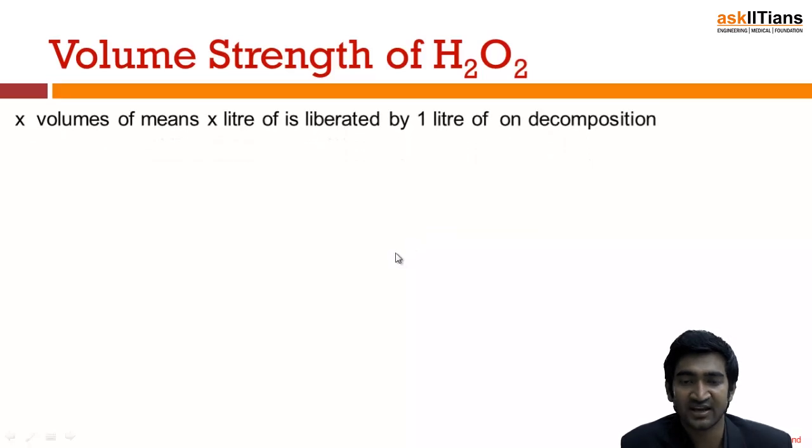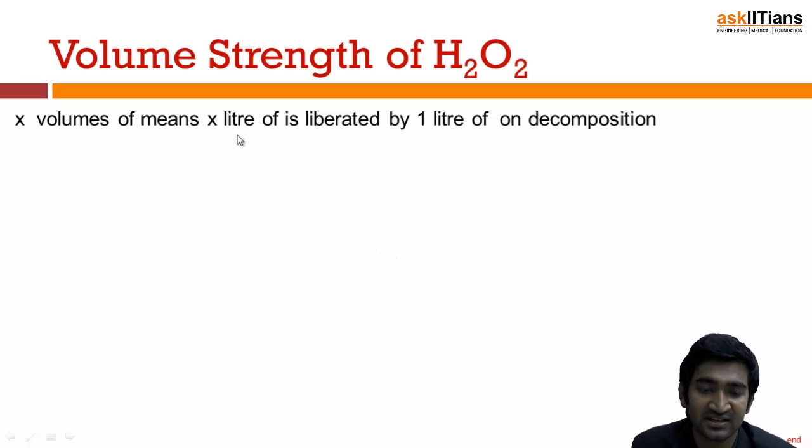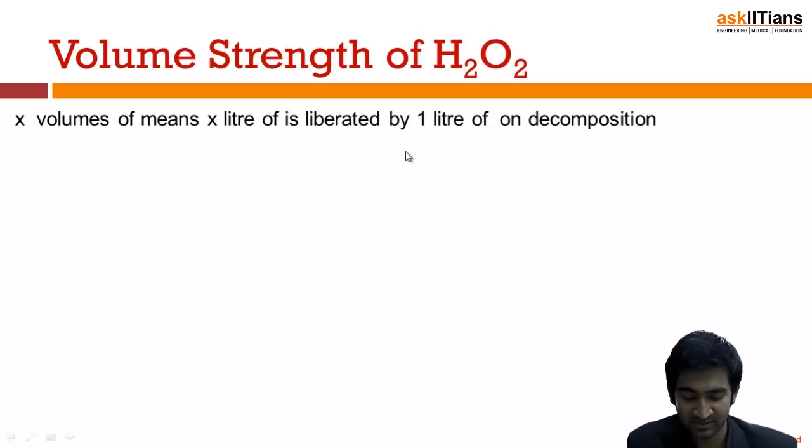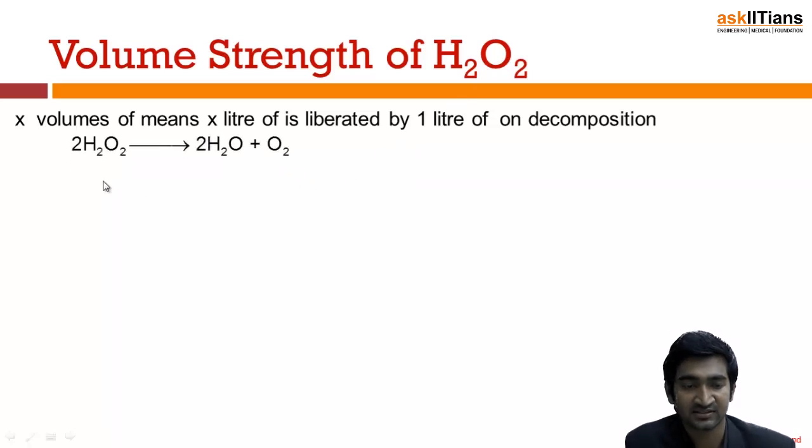Next is the volume strength of H2O2. Volume strength means: if I take X liters of it, how much oxygen will I get released? The equation is 2H2O2 gives 2H2O plus O2. From this, the volume of O2 obtained from a given volume of solution is the volume strength of hydrogen peroxide.